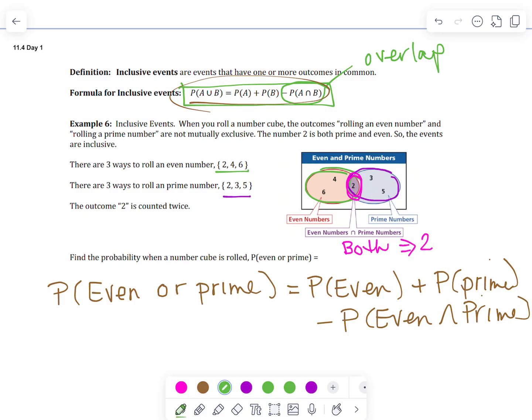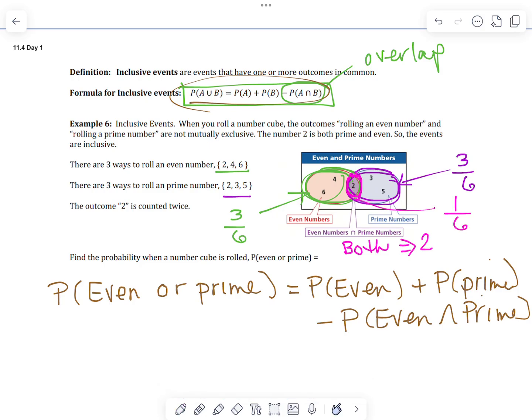So this first circle is 3 out of 6. The purple circle, the primes, again, 3 out of 6. And then the overlap, 1 out of 6.